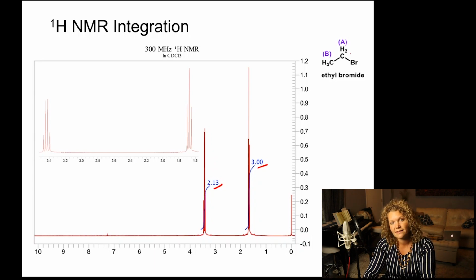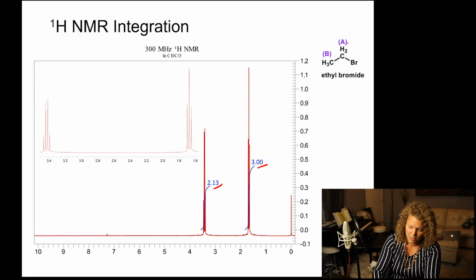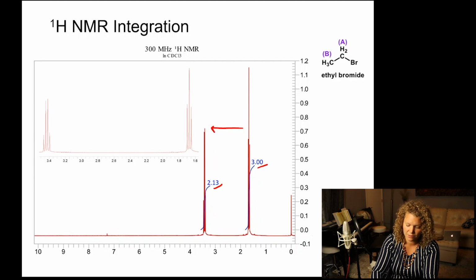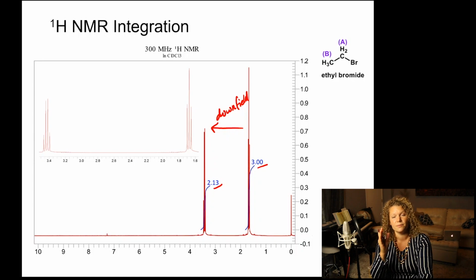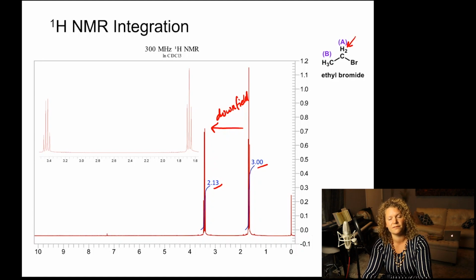This would make sense then that the CH2 compared to this methyl is shifted downfield. This CH2 is de-shielded because of its close proximity to that bromine.